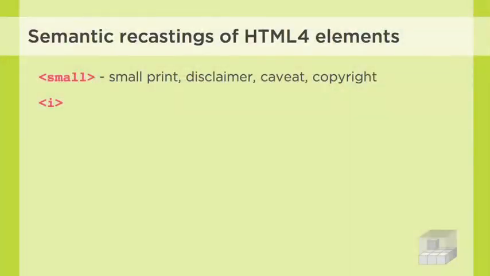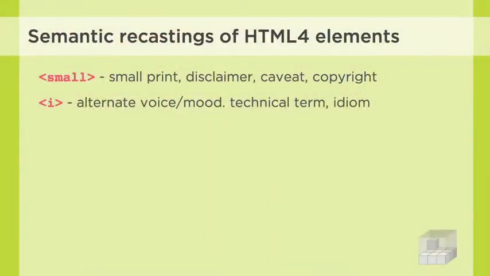The second is the i element. And you're thinking, wait a minute, i means italics. How could you possibly redefine that to mean something semantic? Well, it turns out that if you look at typography, if you look at various manuals of style, italics are used in a number of different, very semantic situations that don't actually have their own markup.